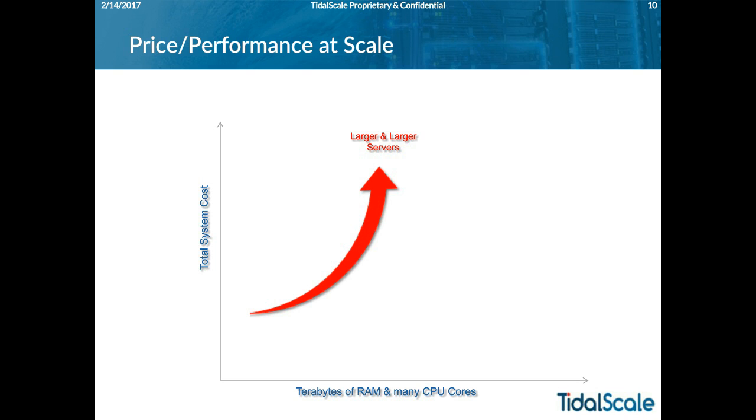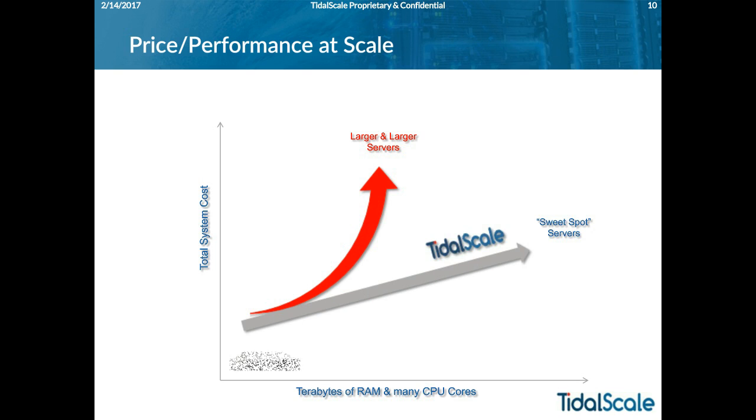Well, if you think of this as like a supercomputer, you're kind of right. But the advantage of TidalScale is that we're making use of sweet spot servers. So instead of having to go out and buy a 4-socket or 8-socket or Cray computer, that's the red line in this graph, you're just buying the current off-the-shelf commodity price server, with whatever makes the best economic sense in terms of RAM and cores per server node.